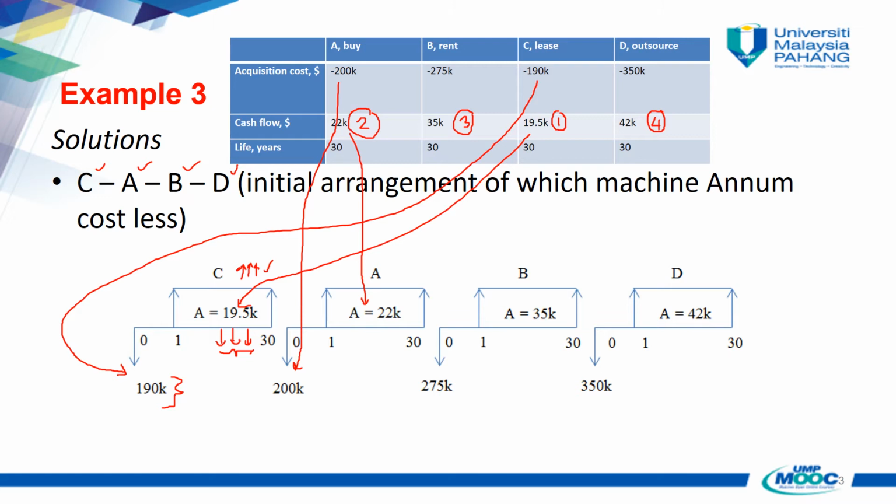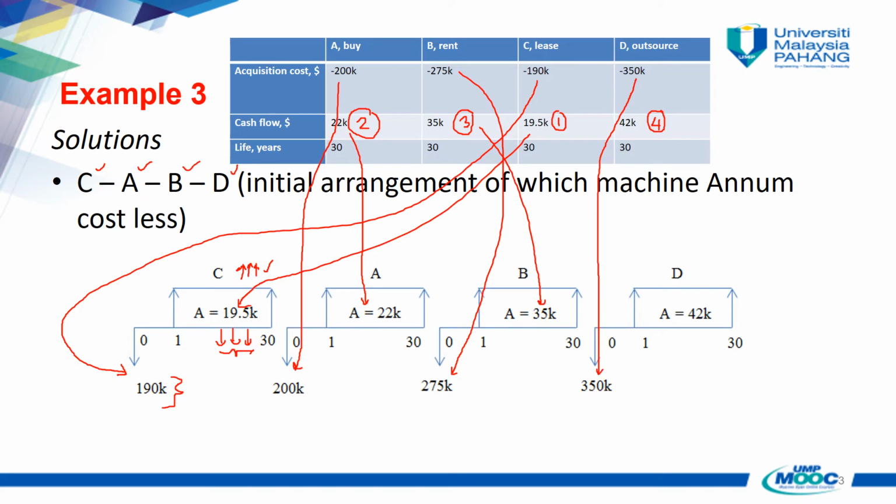For B, we rent the machinery for 275,000. After that, the cash flow will become 35,000. Then if we outsource, without any purchasing of machinery, equipment, or apparatus, this is the initial cost that we need to fork out: 350,000.